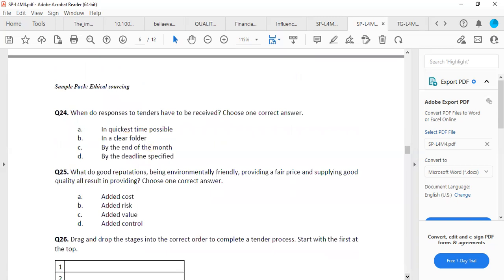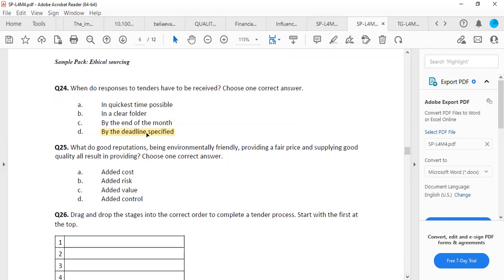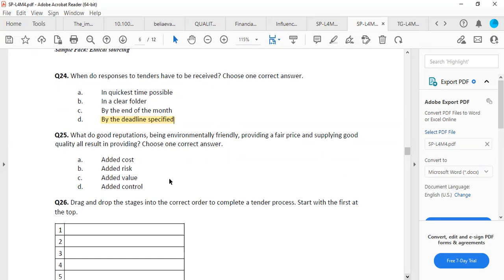When do responses to tenders have to be received? Choose one correct answer. By the deadline specified. Okay, by the deadline specified. Because quickest time possible is not definite, no, by the end of the month.